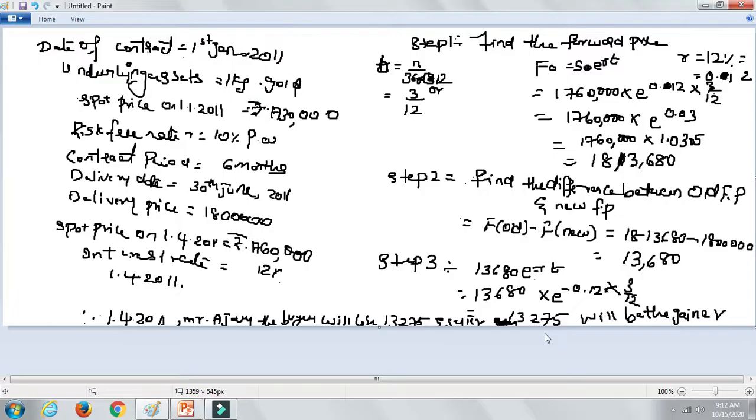So if the forward price is rising, the benefit will go to the buyer, whereas if the forward price is declining, the benefit goes to the seller, because whatever the market price will be, he has to pay only the delivery price that they have entered into. So this is the benefit for the parties.